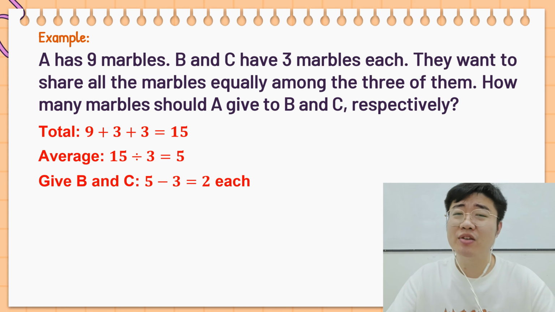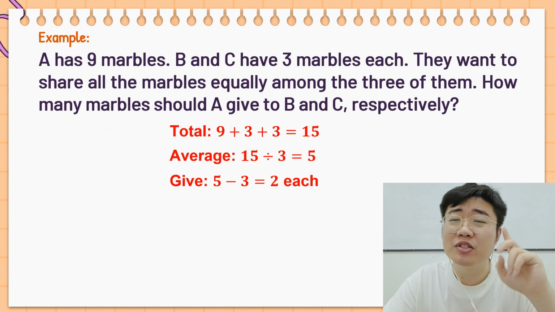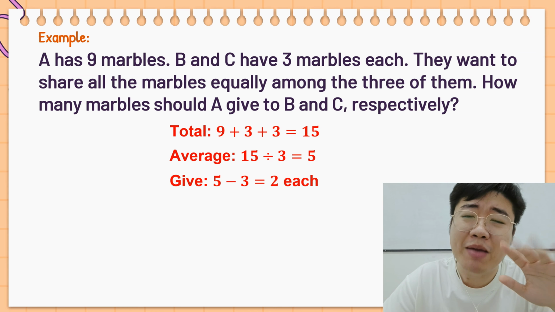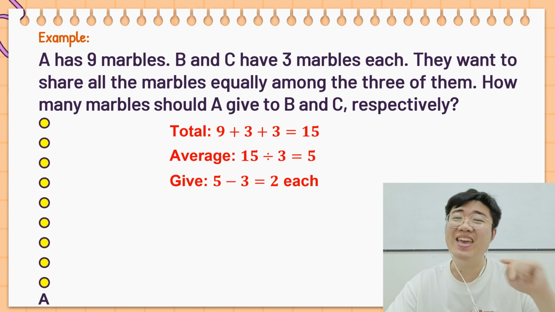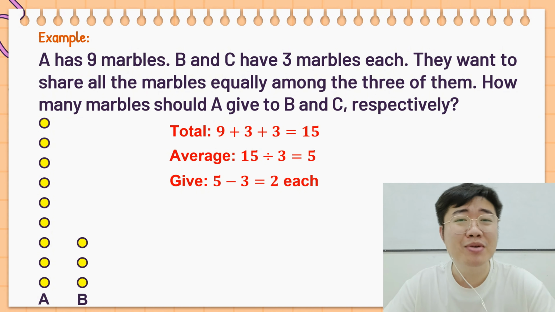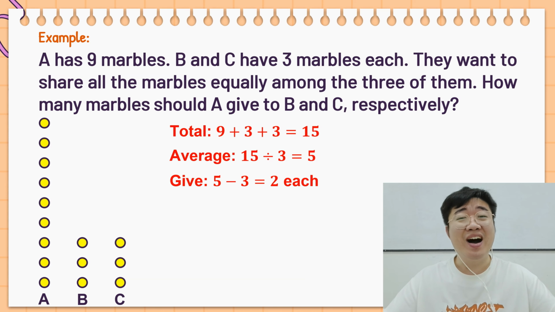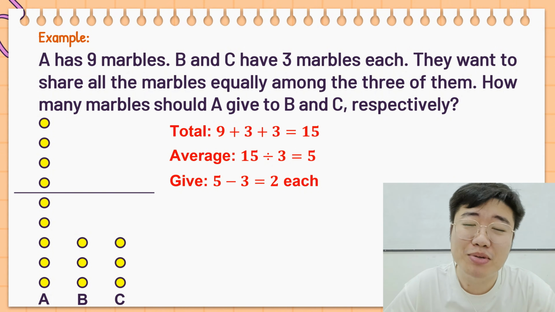So let's look at the question from a different angle. Now we already know that each person will receive 2 more marbles, and in the end, everyone gets 5 marbles. So let's draw a figure to show this. Now at first, A got 9, B got 3 marbles, C also have 3 marbles. So in the end, they all have 5 marbles. Let's draw a line above the 5 marbles here.